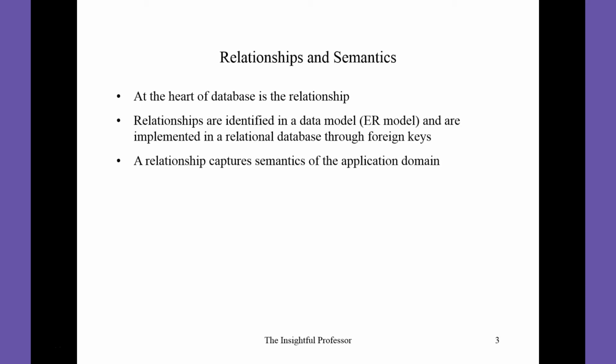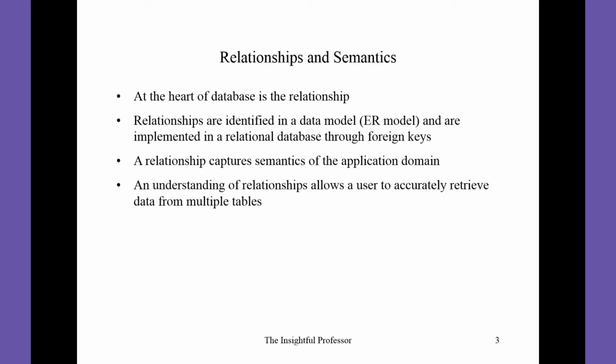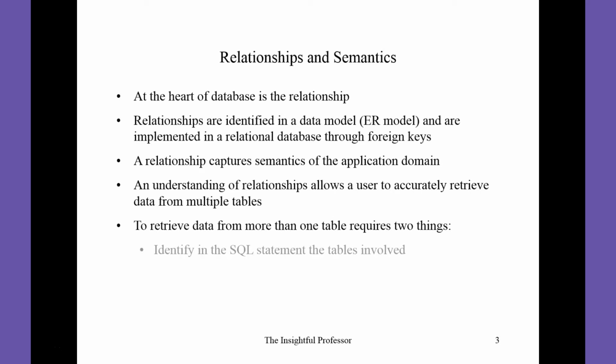So a relationship captures semantics of the application domain. An understanding of relationships allows a user to accurately retrieve data from multiple tables, and the emphasis here is placed on the word accurately.